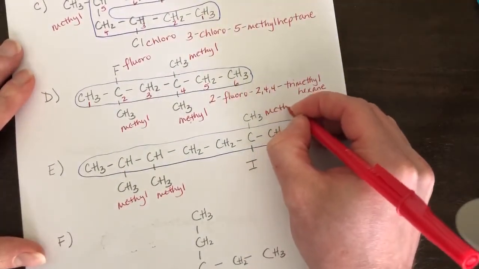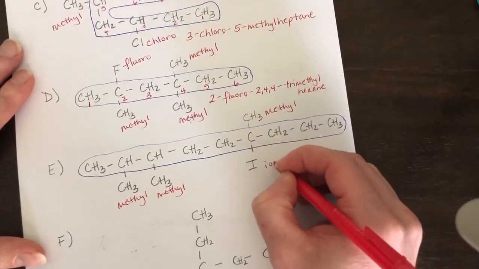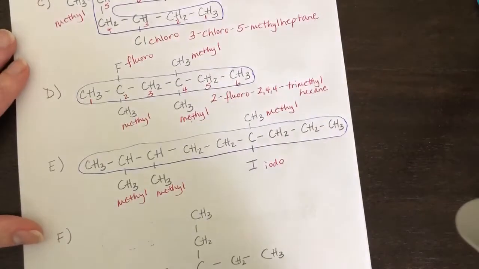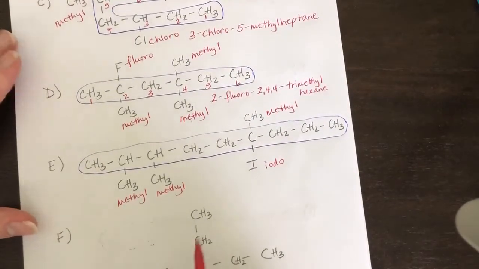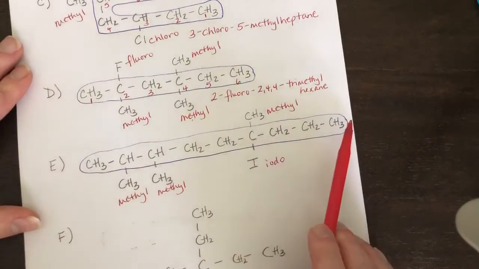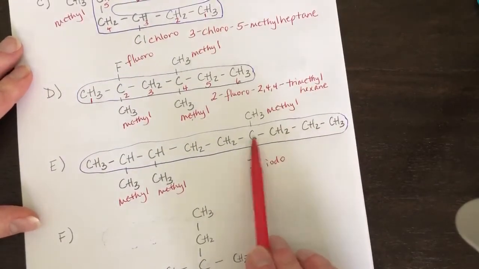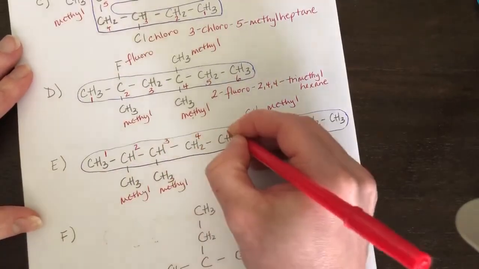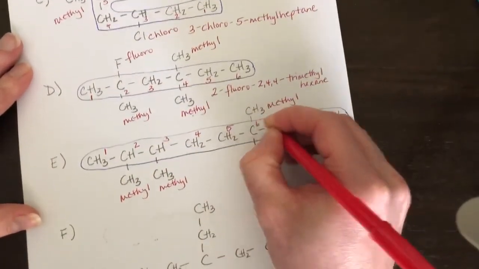You get another methyl, and you got an iodo. Okay, so the I is going to come first in alphabetical order. So we got to name it to where we have the lowest numbers possible. So 1, 2. If I go from this way, it's 1, 2, 3, 4. So we're going to number going this way.